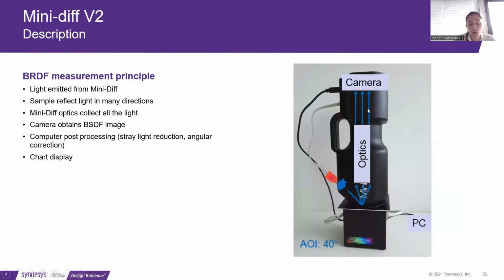After a computer post-processing, we obtain the count. This step of post-processing contains, among other things, a step of straight light reduction to take into account the fact that the source is integrated in the mini-diff.